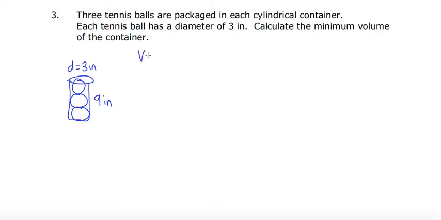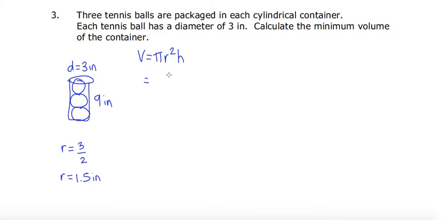So the volume of a cylinder is pi r squared, so the area of the base, times the height. I know the diameter. So the diameter of my shape is 3 inches. So the radius is 3 divided by 2, because the radius is half of a diameter, or 1.5 inches.